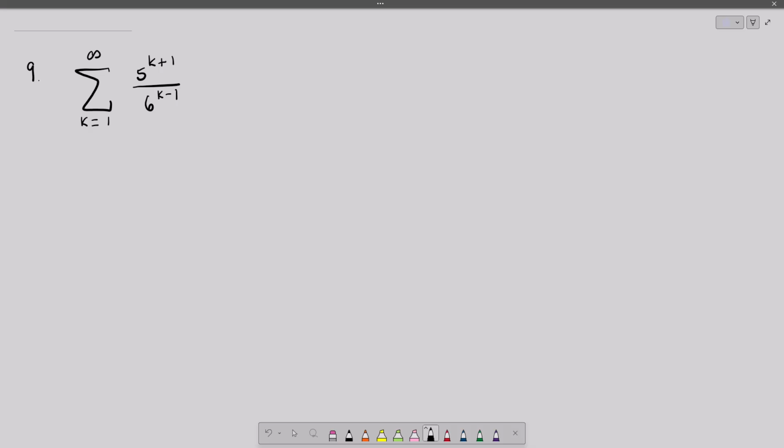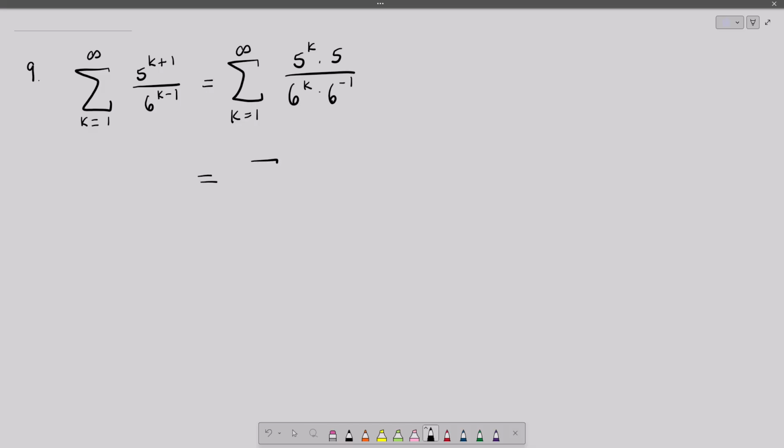What we would like is to have exponents that are just k and not with this extra constant mumbo jumbo. And so the key for these is to just see that you can use laws of exponents to rewrite this. This is 5 to the k multiplied by 5. This is 6 to the k multiplied by 6 to the negative 1. And we just want to get rid of the constants that are coefficient constants.